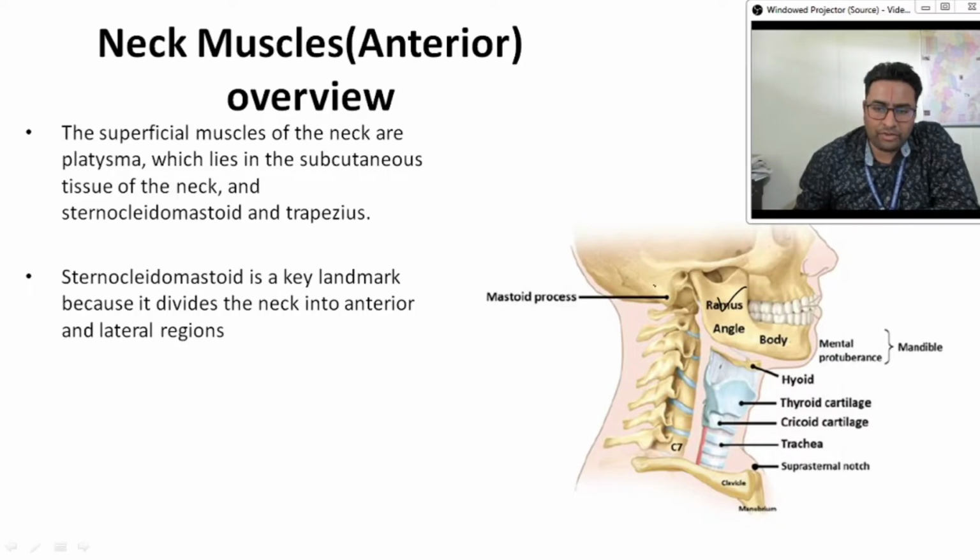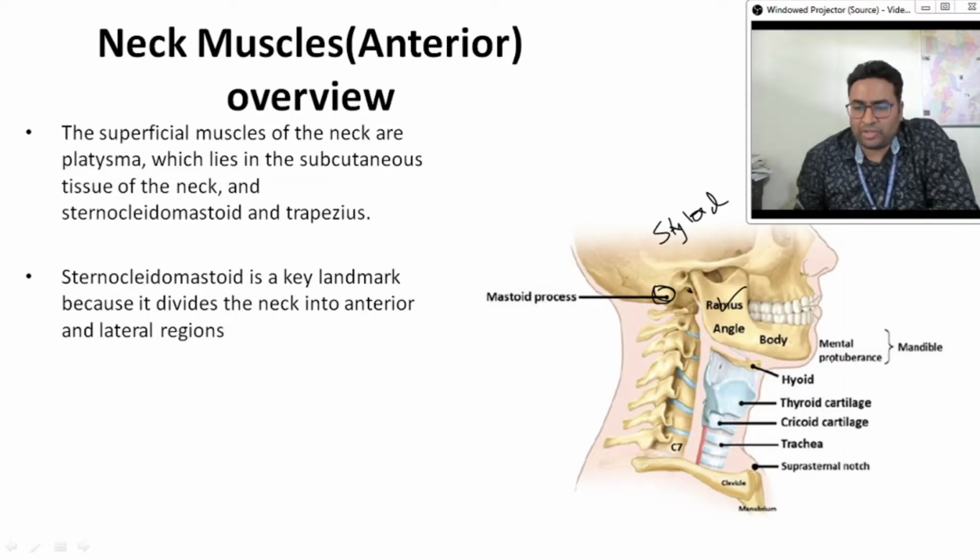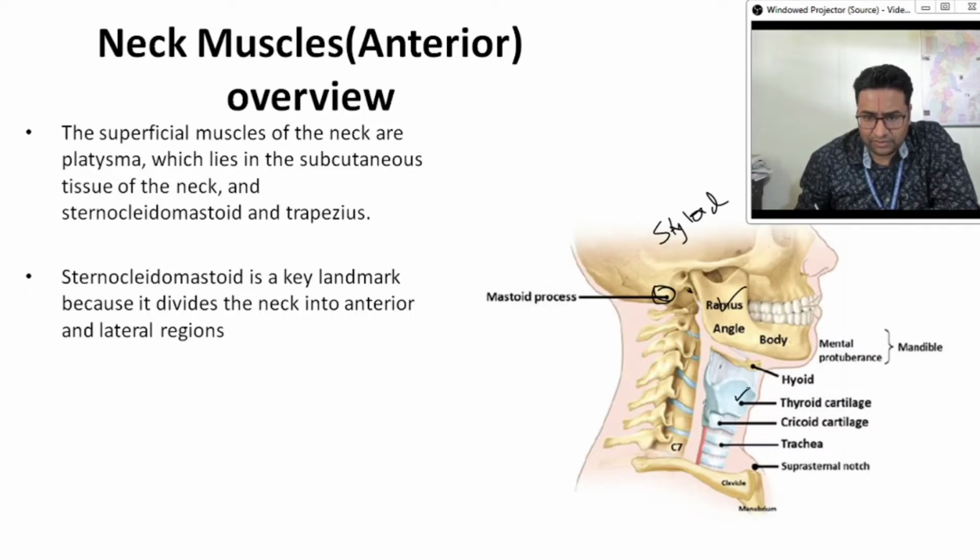Here, posterior to the mandible, this is the mastoid process, and this elevation is nothing but the styloid process. So this is the styloid process we are talking about, and then the mandible and the mastoid process. Lower down, this is the larynx, and the cartilage of the larynx is known as the thyroid cartilage.